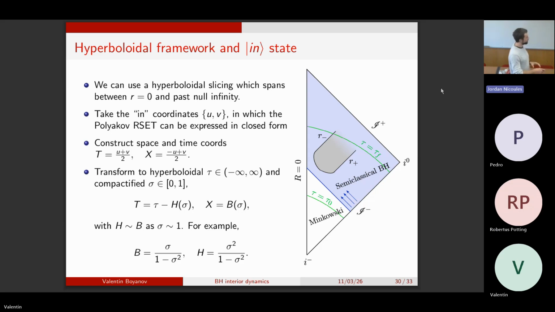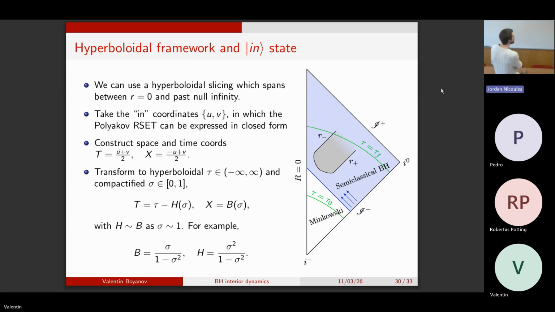And well, the reason we're doing all the calculations in null coordinates is because the normalized stress energy tensor has a particularly simple expression in the appropriate pair of null coordinates, but hyperboloidal coordinates can be constructed very simply from those null coordinates. If you're familiar with anything related to hyperboloidal foliations, it's the same thing people use to go to future null infinity and see, say, gravitational wave signals, quasi-normal modes, but going toward past infinity.